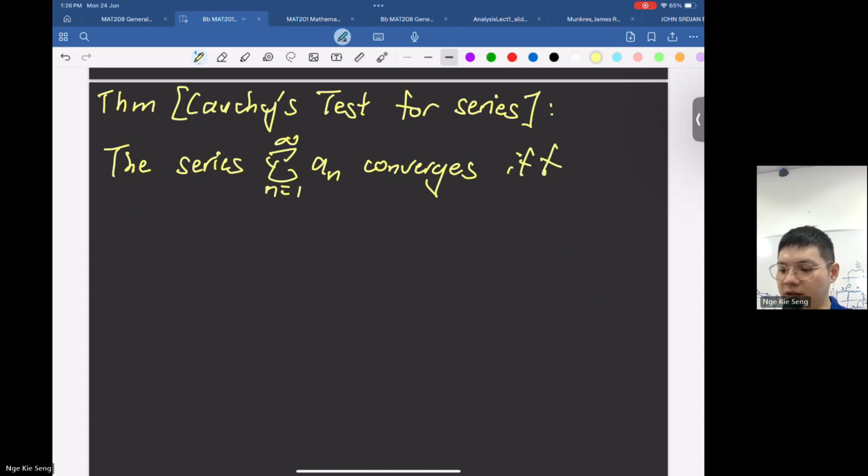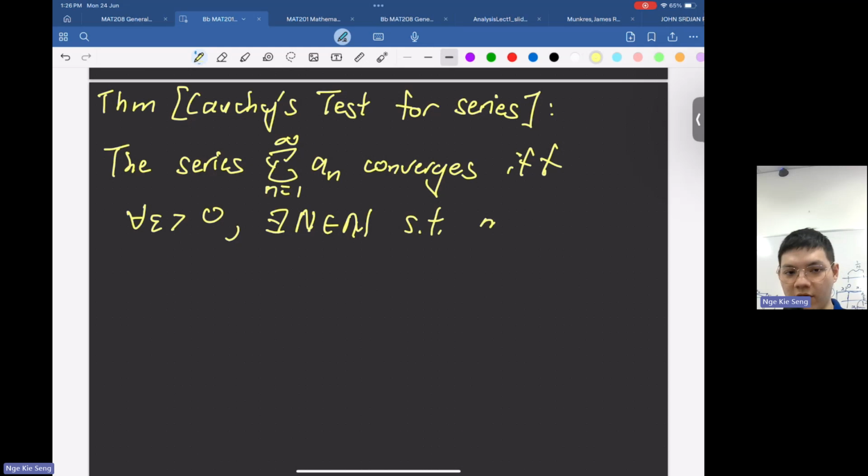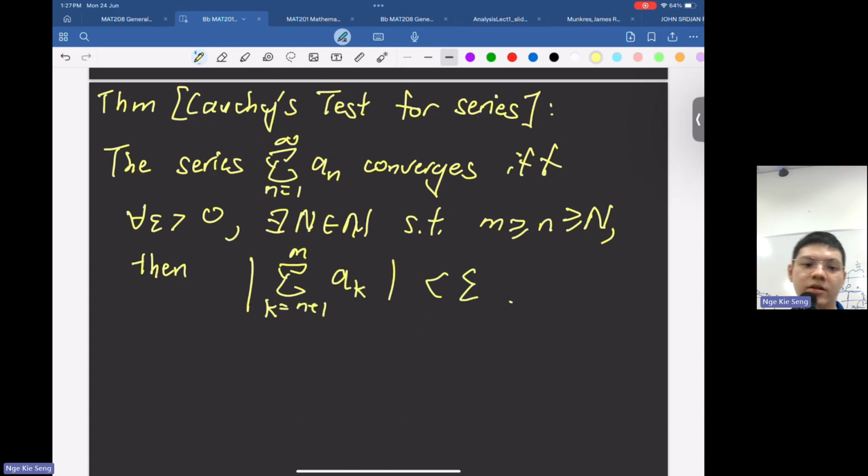So a series converges if and only if for every epsilon greater than 0 there exists N such that for all m, n greater than N, without loss of generality assuming m greater than n, the sum from k equals n plus 1 to m of a_k is less than epsilon. I claim that this proof is immediate. Why? What is this term here? This is just S_m minus S_n.